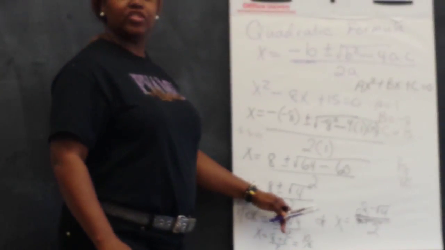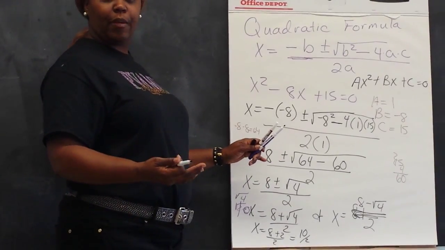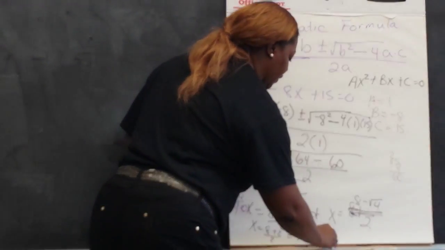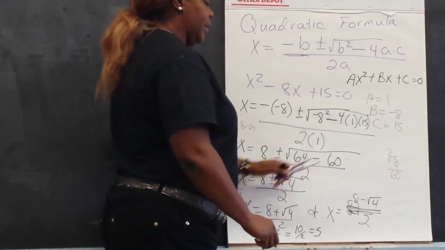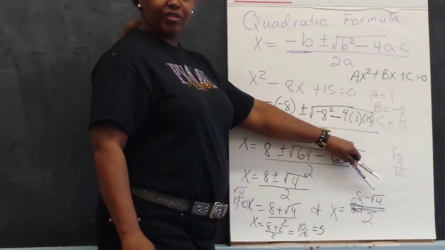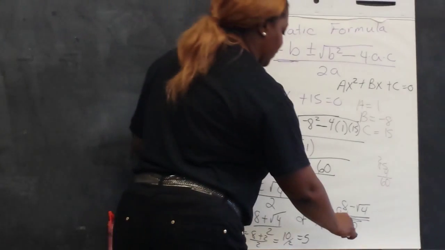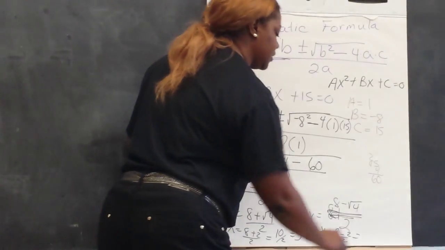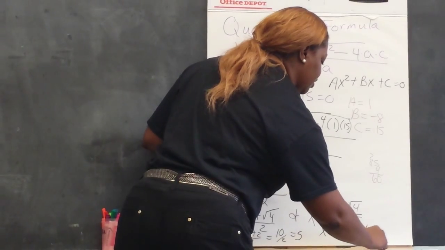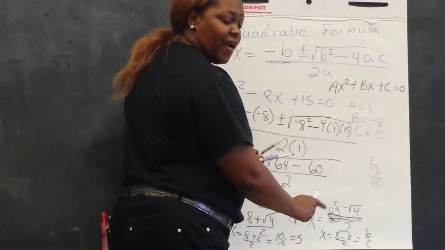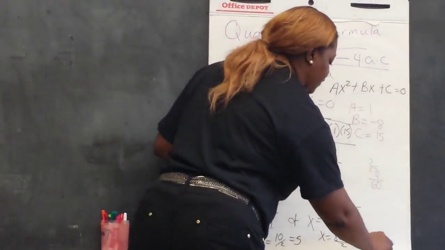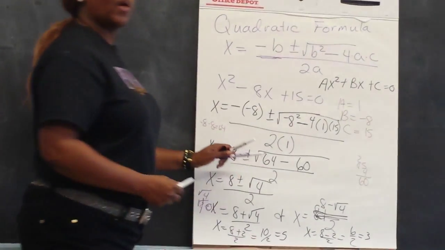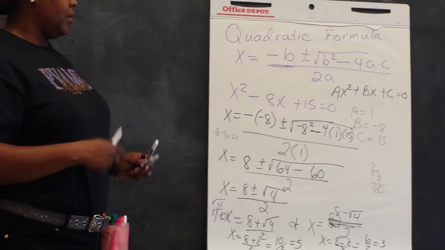10 over 2 is an improper fraction, and dividing leaves us with 5. Then over to the side, we already found the square root of 4, so we'll have x equals 8 minus 2 over 2. That gives us 6 over 2, another improper fraction, and 6 over 2 is 3. Now I can write my x-intercepts.